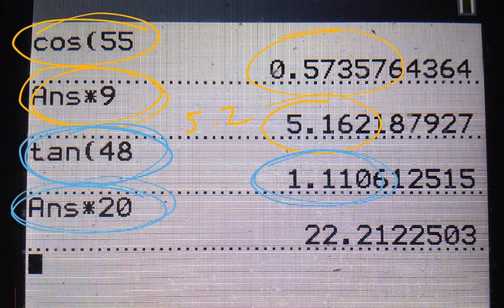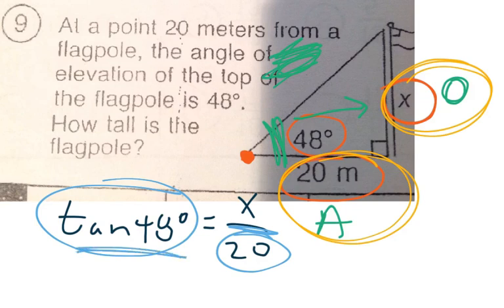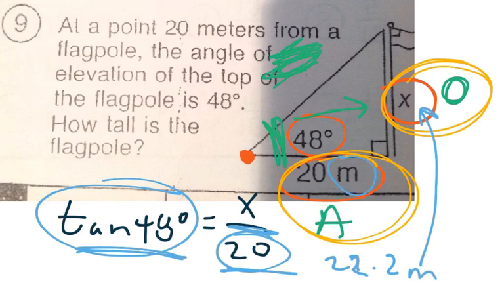I timesed it by 20 and got 22.2, rounding it off a little bit. That's how tall the flagpole is: 22.2 meters. The units again are meters. And that, ladies and gentlemen, is how you do Sohcahtoa.